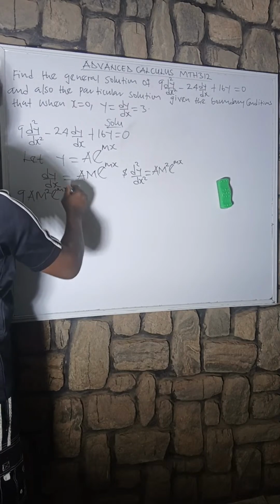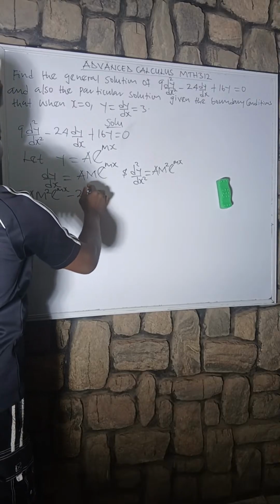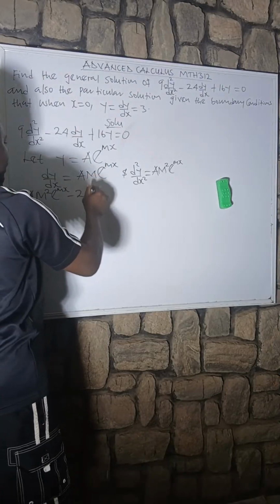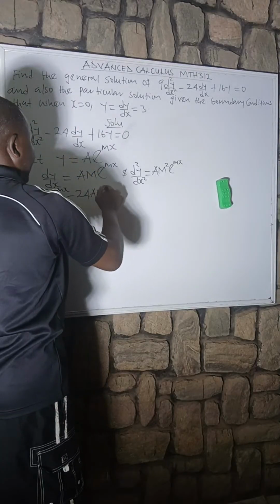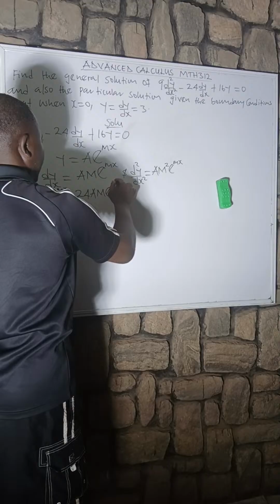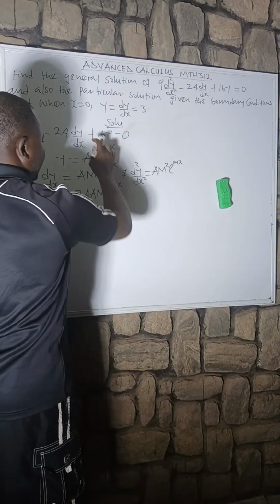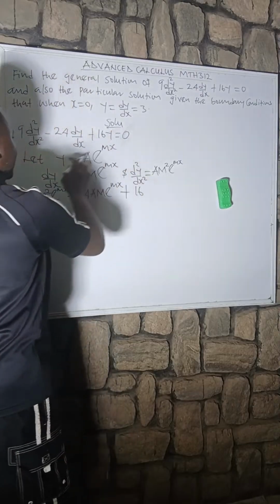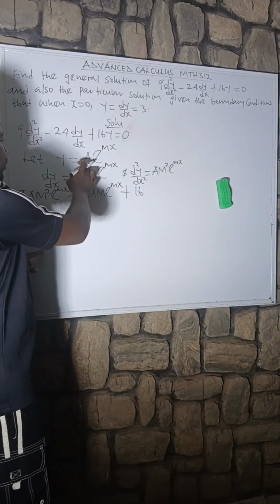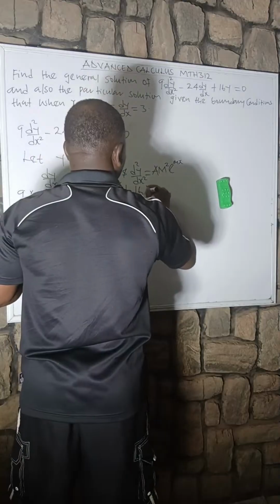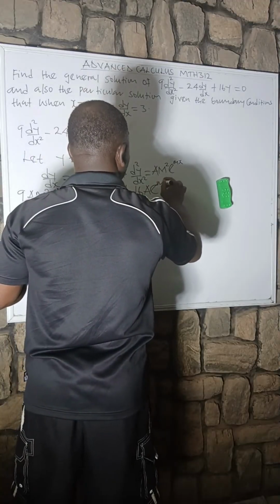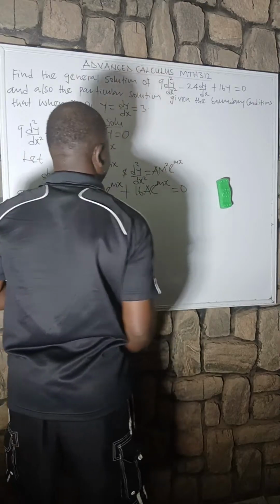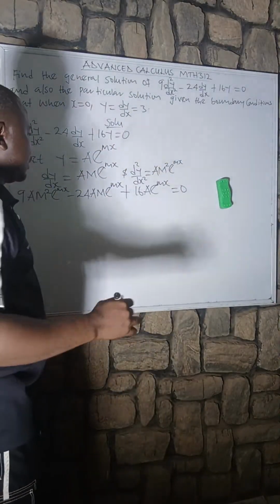Then minus 24, here dy over dx is am exponential mx. Then plus 16y. What is your y? You said let y equal a exponential mx. Then equals 0, right? Do you agree with me?